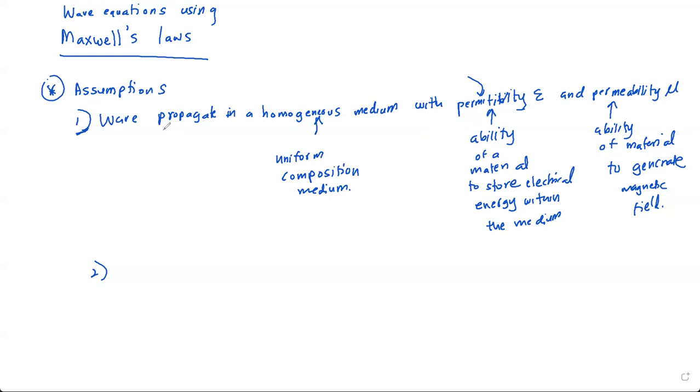For this scenario, we are going to derive the wave equation, and we are going to show that an electromagnetic wave propagating in free space actually follows the properties of a wave. So we are going to derive that now, using Maxwell's law.